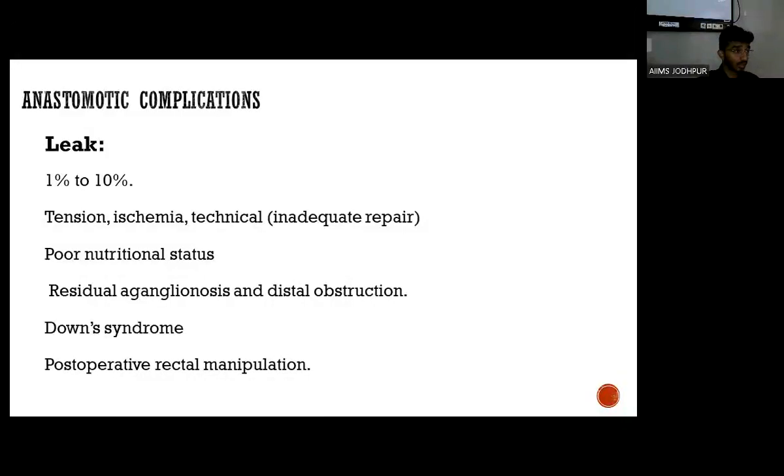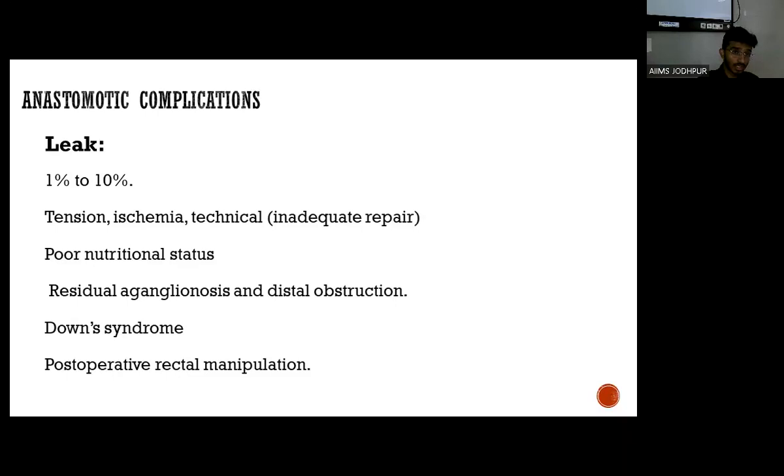Coming to specific complications like anastomotic complication, the leak following Hirschsprung disease surgery ranges from 1 to 10%, and it depends on the tension, the ischemia, and the technical aspects of repair. Poor nutritional status, residual ganglionosis, and distal obstruction are also causes.